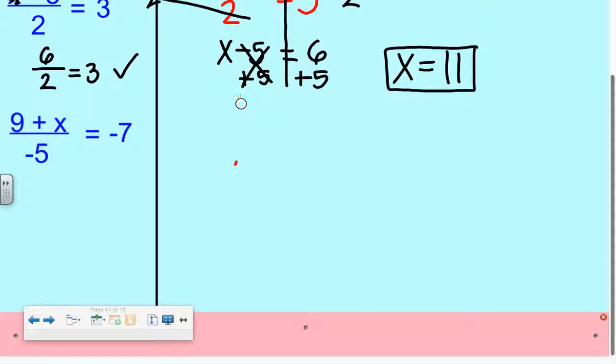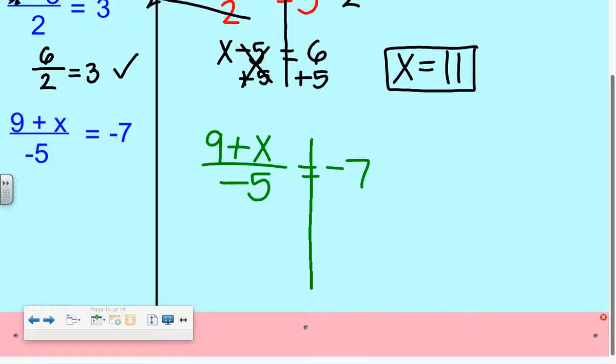Then I've got 9 plus x over negative 5 equals negative 7. So I'll look for my variable and what's next to it. It's the 9. So if I want to get rid of the negative 5, times both sides by negative 5.